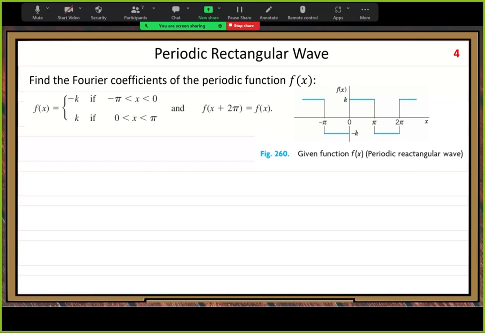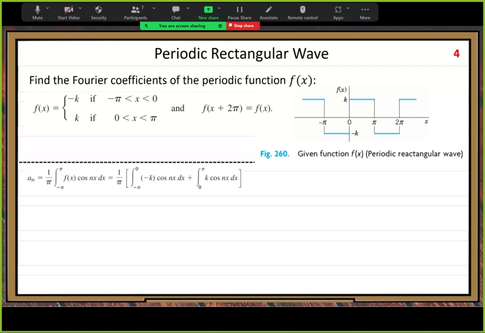Then you repeat that period everywhere. That's the periodic function. For this periodic function, we want to calculate its Fourier coefficients, its Fourier series.